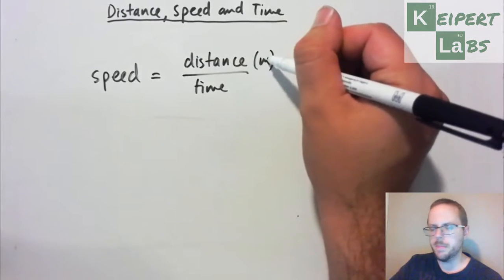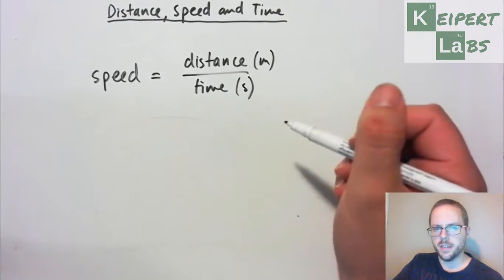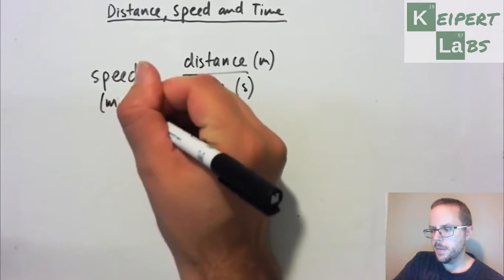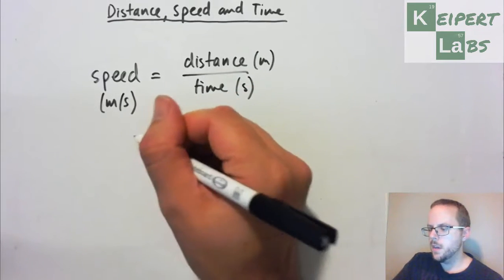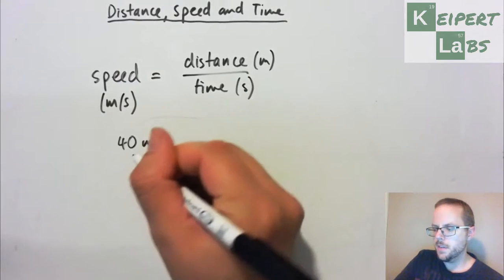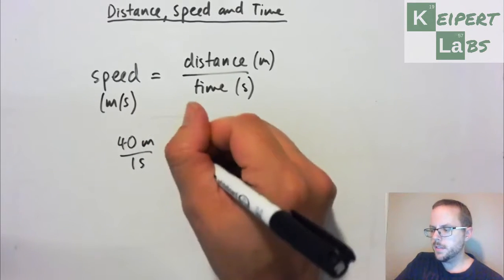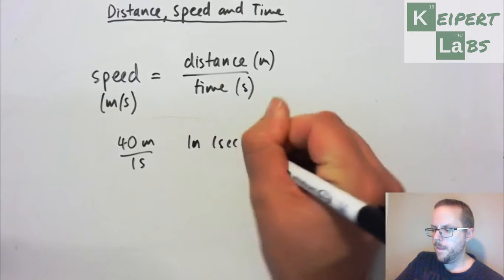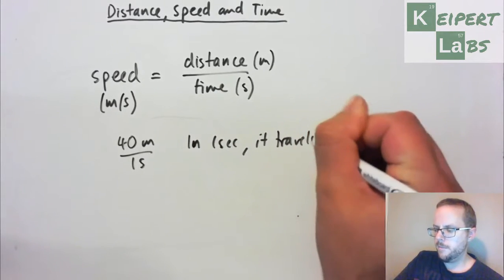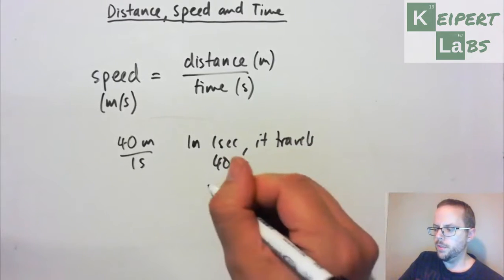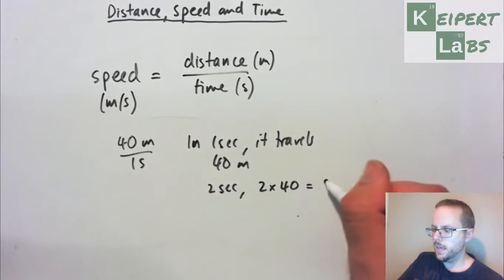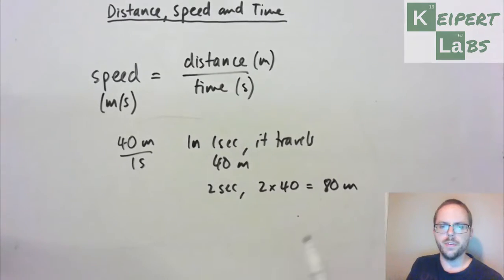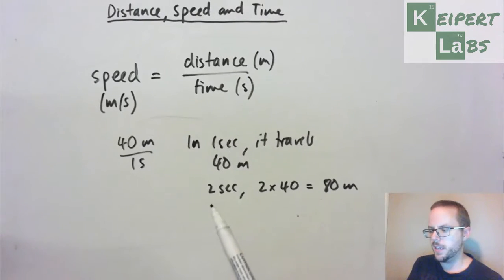We said distance was measured in meters, time was measured in seconds, so therefore speed is measured in meters for every second that it's traveling. If I said that its speed was 40 meters for every 1 second, that means in 1 second it travels, you guessed it, 40 meters. Over 2 seconds, it's 2 times 40 equals 80 meters. For every second it's traveled 40. If it's traveled 2 seconds, it's doubled that, so 80 meters, and so on.